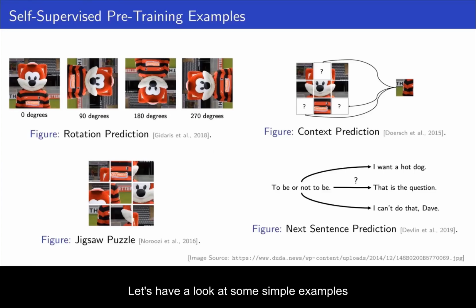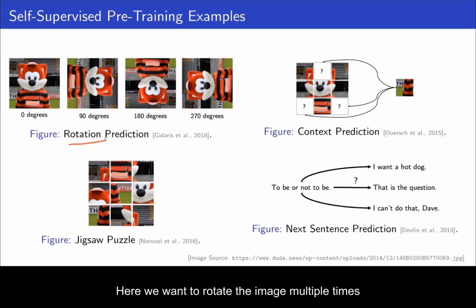Let's have a look at some simple examples of self-supervised learning so you get a better understanding of this concept. Our general goal is that we want to learn about the content or the semantics in the image without any external labels. One possible self-supervised learning methodology here is called rotation prediction.